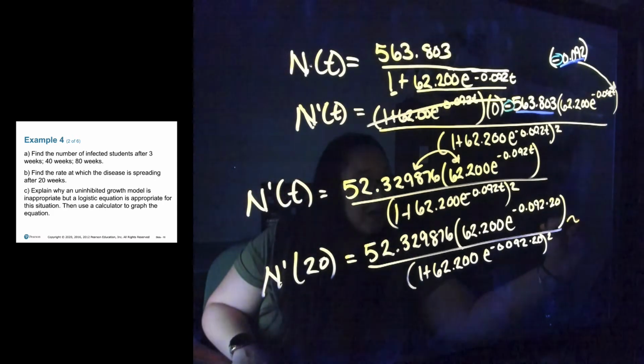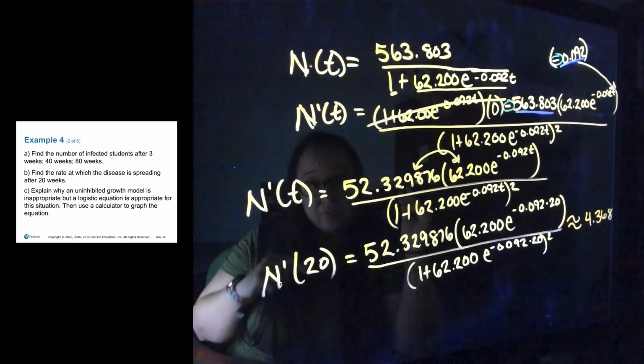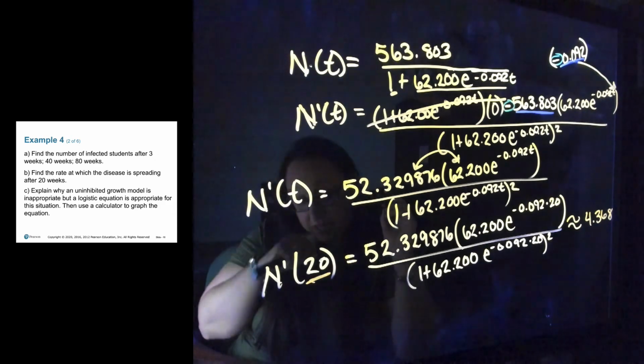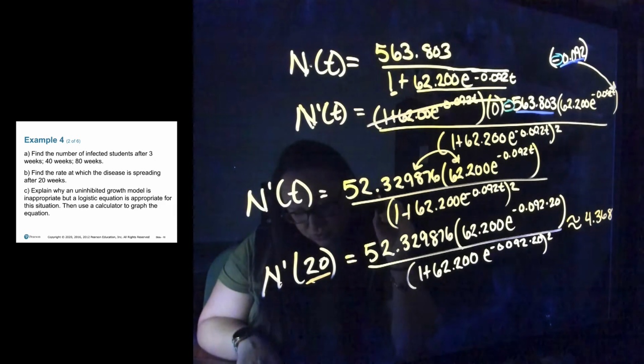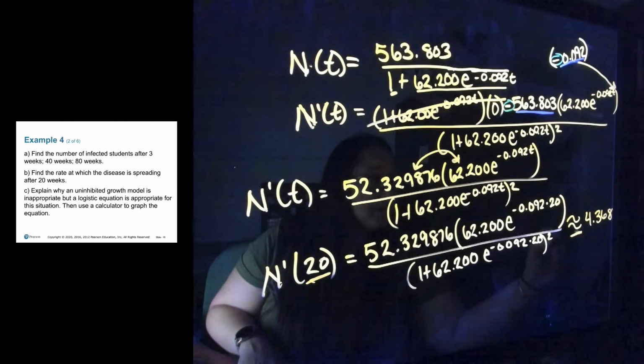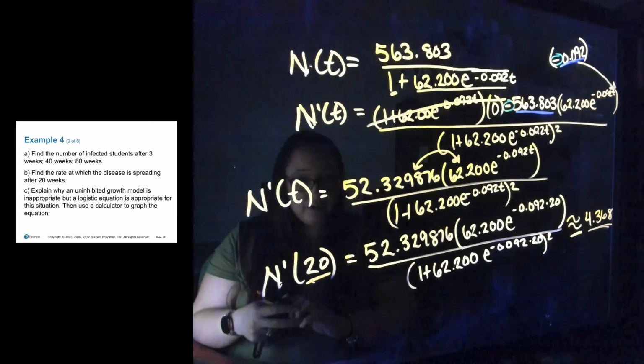And if you do that, guys, what you would get is approximately 4.368. And what this tells me is that after 20 weeks, the disease is spreading through the campus at a rate of approximately 4 cases per week.